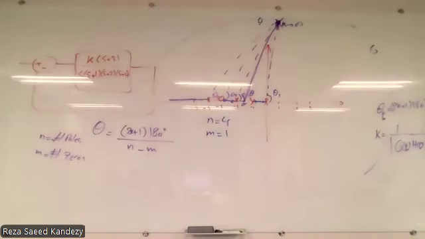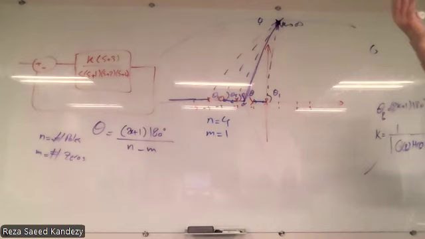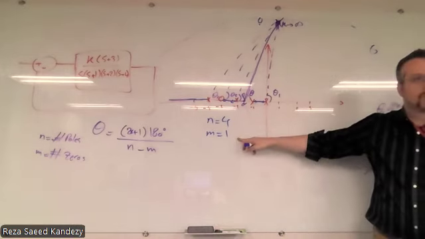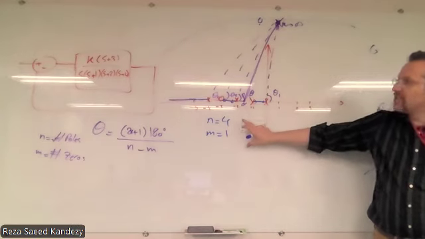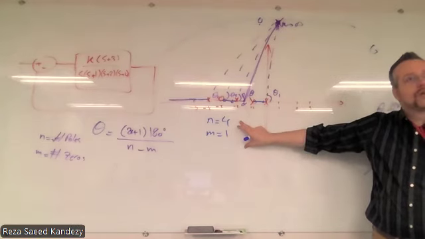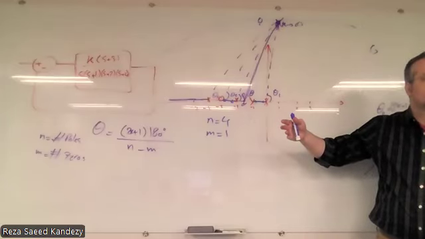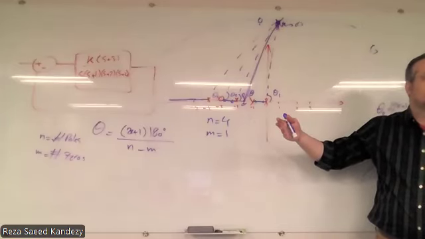Anyone can guess how, in a general formula, we can find how many lines we should have in a general example? We don't know how many poles and zeros. We have n poles and m zeros. There is no numbers. Looking at this example, anyone can guess in general how many lines we should have as an asymptote line?